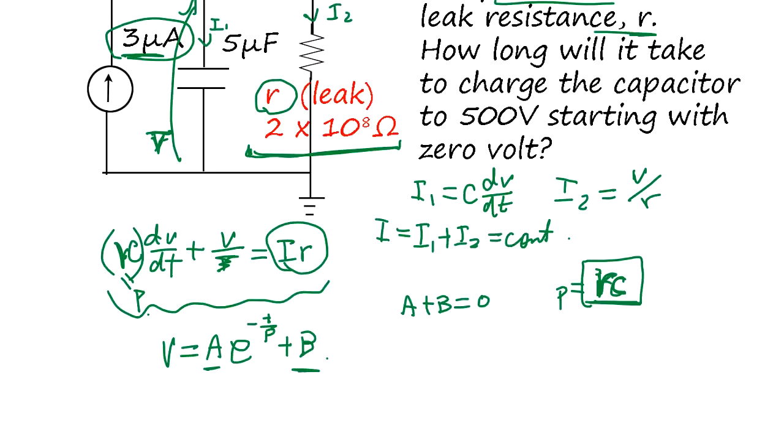Let's take care of this first. So B equals minus A, so it's going to be A times 1 minus e to the negative t over P, right?